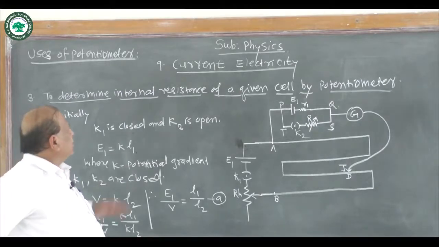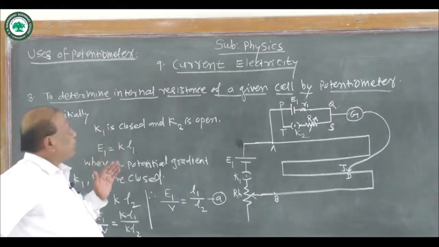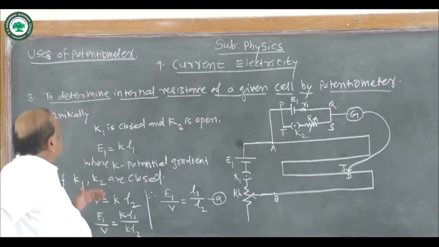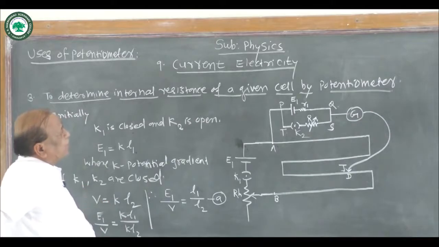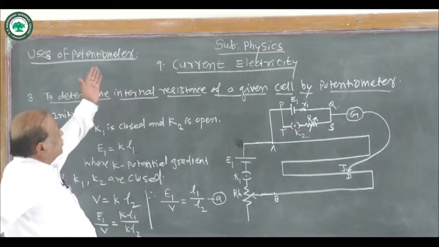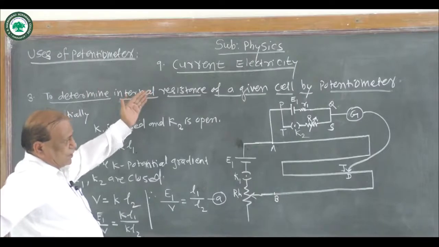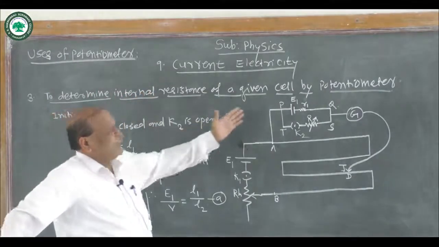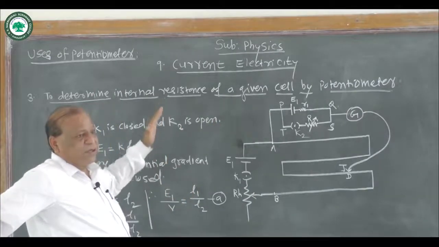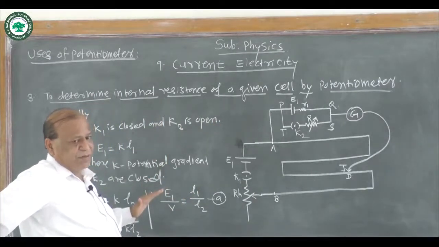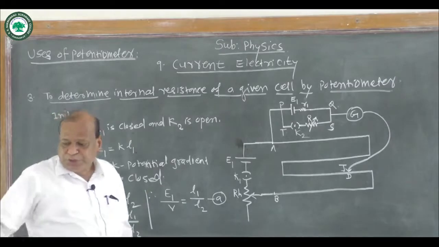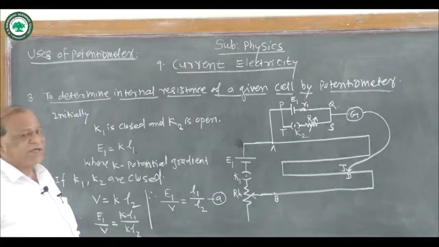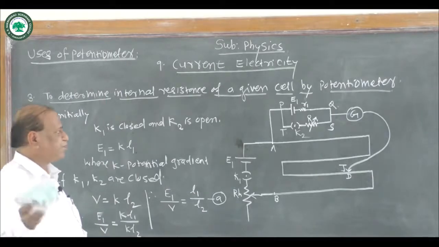These three experiments are done in your laboratory to determine the EMF of a cell, to compare the EMFs of cells, and to determine the internal resistance of a given cell. Understand? Principle of potentiometer and some experiments with that potentiometer.